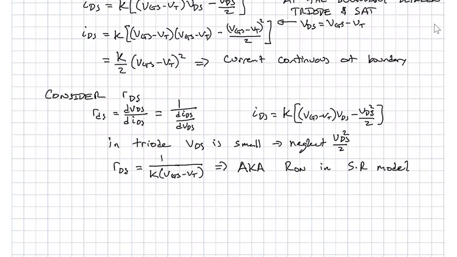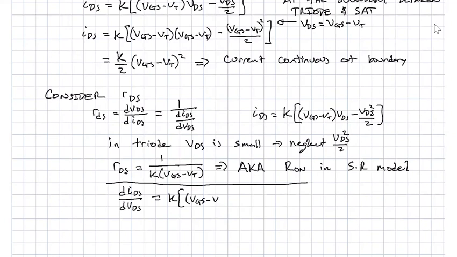So dIDS/dVDS, if we just take that derivative, we end up with K times VGS minus VT for the first term, minus VDS for the second term. And so again, in triode, this is equal to 1 over R on.